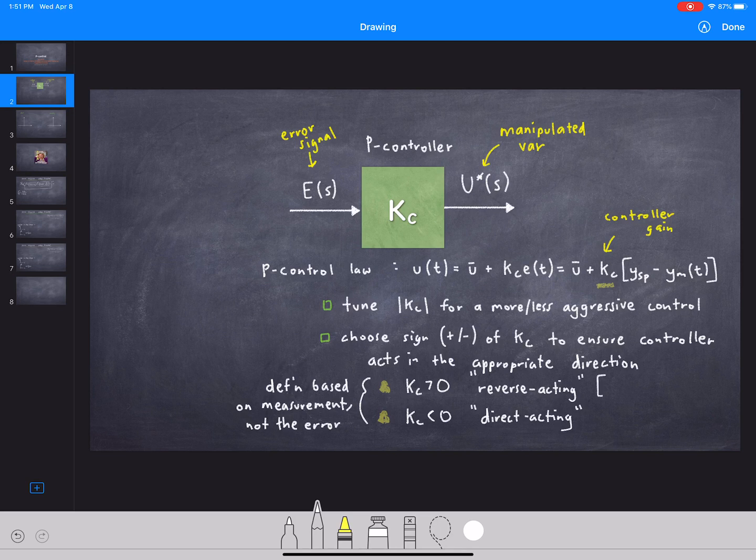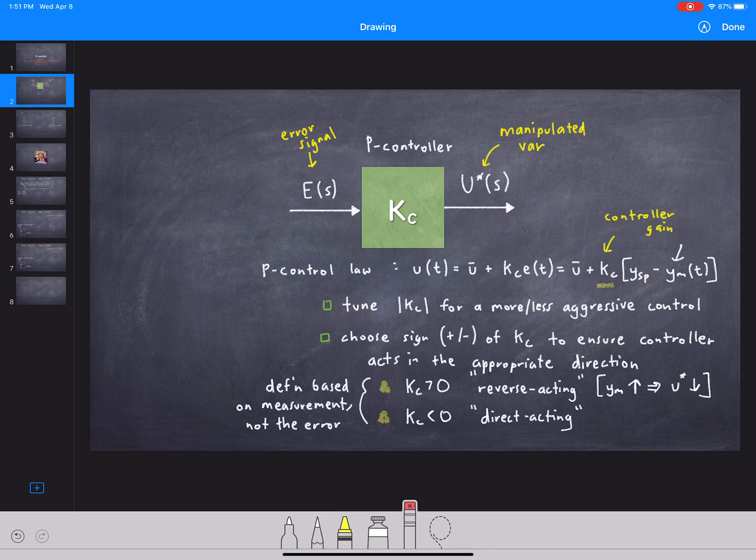So to expand on that, let's say ym, the measurement of the control variable, increases, right? So if this increases, and if Kc is greater than 0, then what happens to the manipulated variable is it decreases. So the controller output decreases.